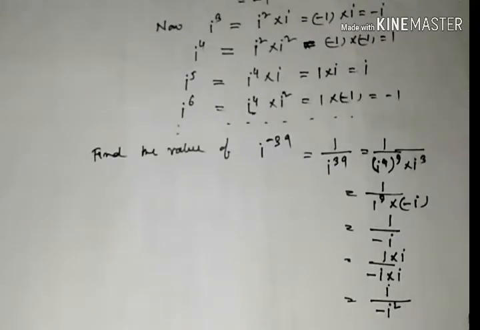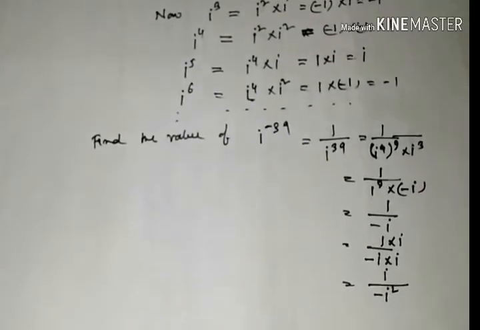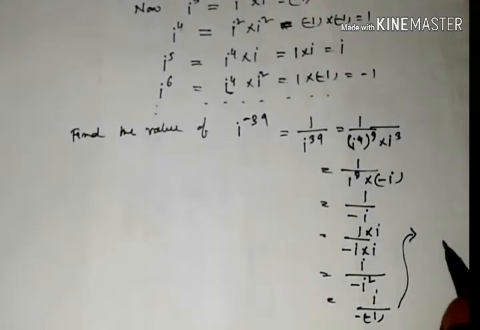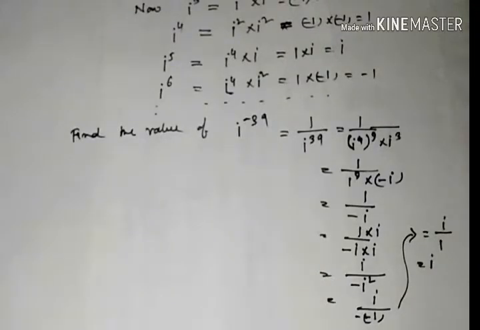Now, what is i square? I square is equal to minus 1. There is a minus again, therefore we can write this as i by 1, that is i.